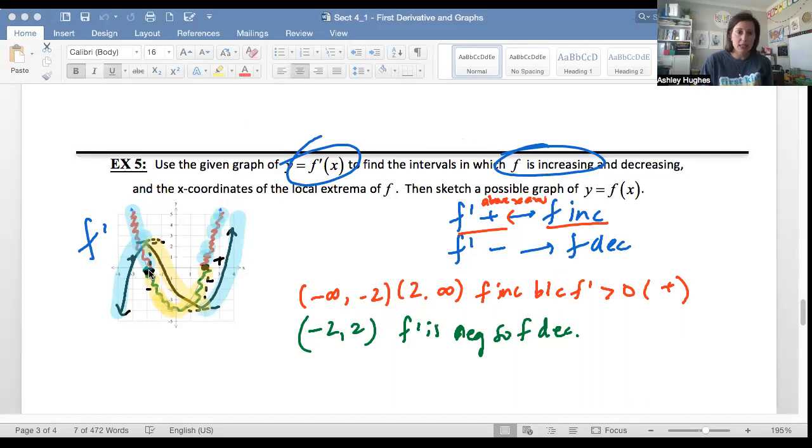And this right here, this 0, is a max of f. It's a 0 of f prime, and the derivative is changing from positive to negative. And here at the minimum of f, we have the derivative changing from negative to positive. Because at the min and the max, what is the derivative? The derivative is 0, because the derivative is the slope of the tangent line at that point.